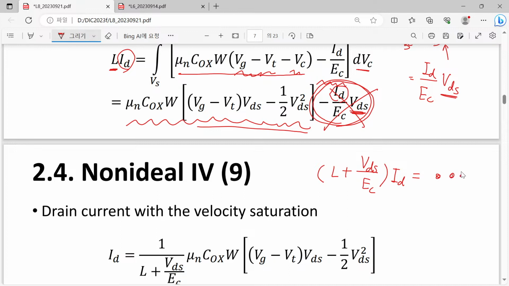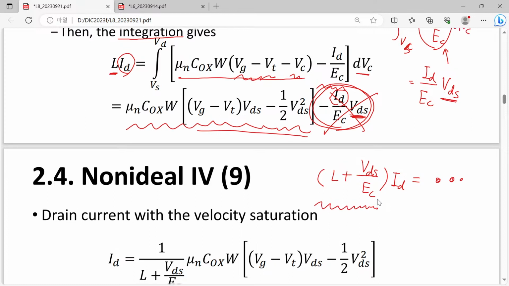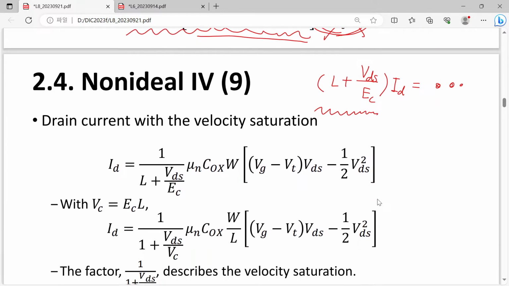So instead of dividing the left hand side and right hand side by L, now our division factor should be L plus something. Wow, then what will happen? Please think about a qualitative description.